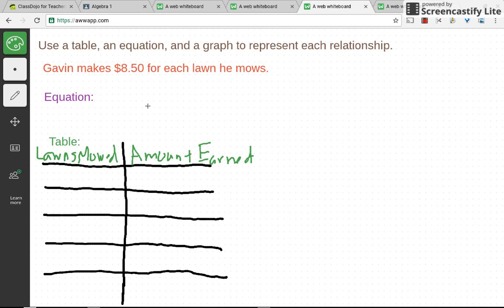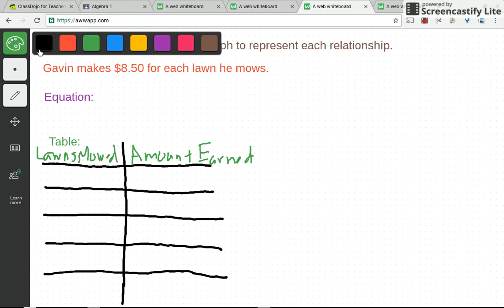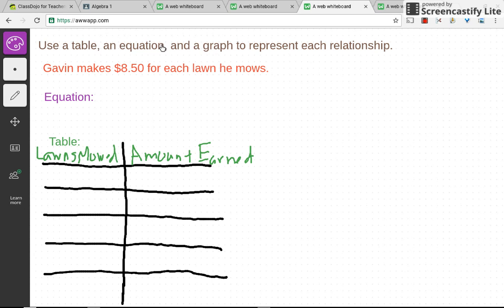But here we go. We've first got to come up with an equation. Then we need to do a table, and then we're going to do a graph. The situation that we're given here is Gavin makes $8.50 for each lawn that he mows. So we're going to let Y be the amount that we're trying to find.